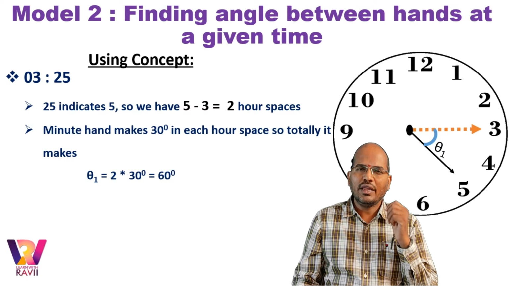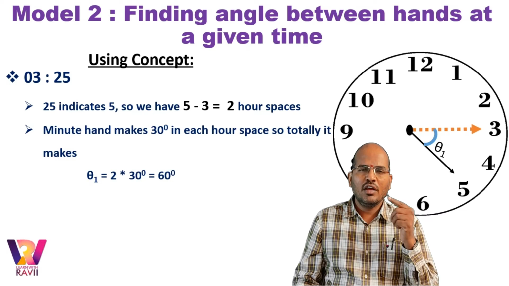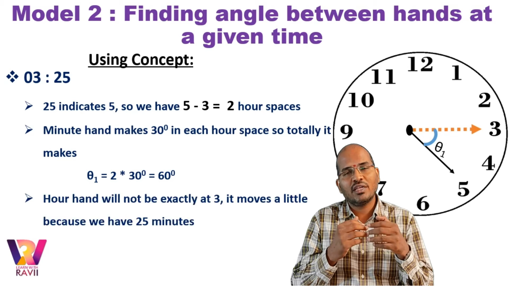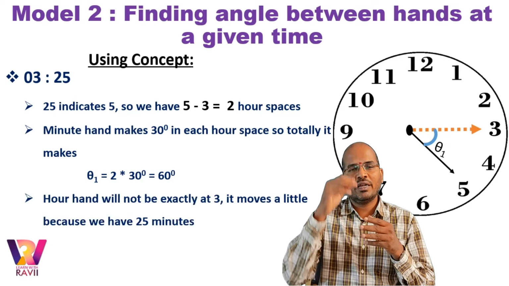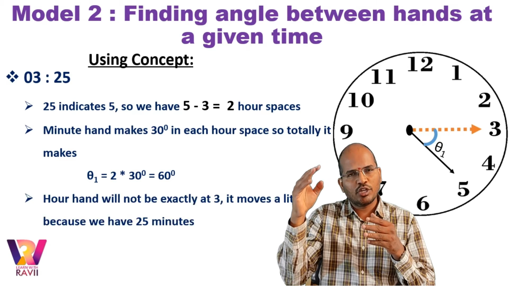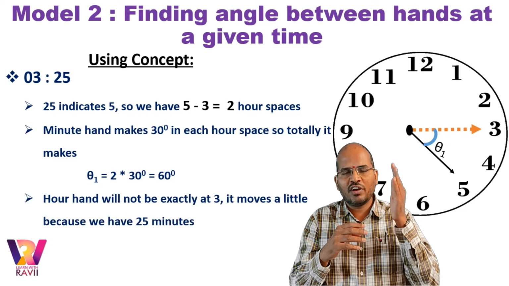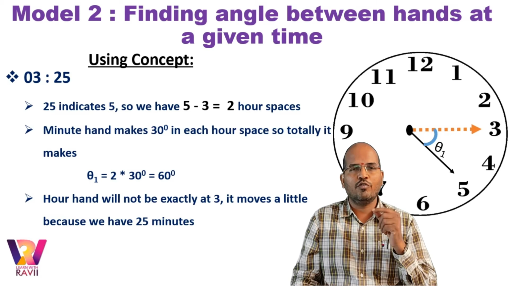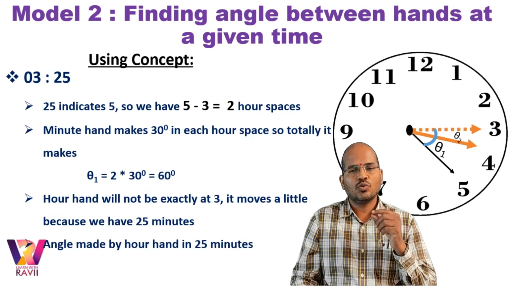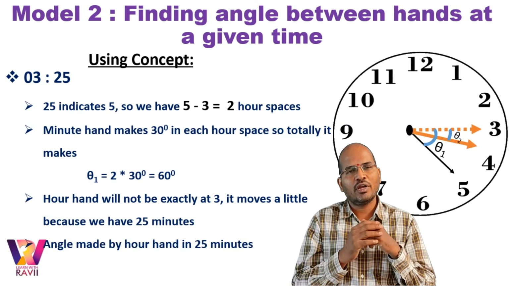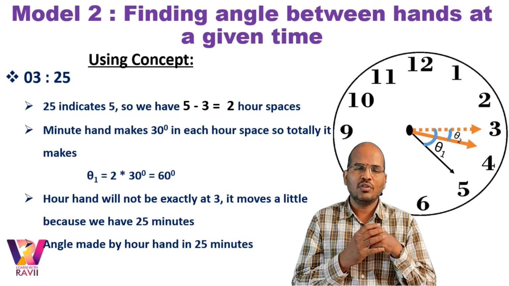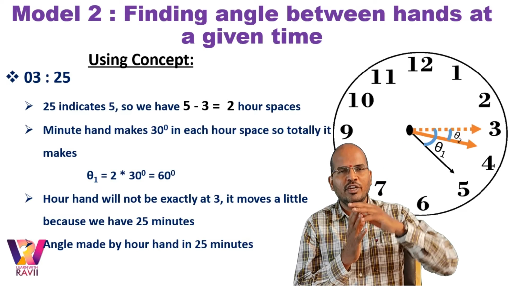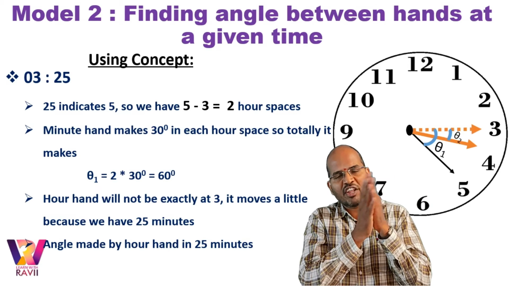But in reality, is the hours hand exactly at 3? No, the hours hand is not exactly at 3 because the minute hand is moving from 1, 2, 3, 4, 5. So definitely the hour hand will move a little and will be in between 3 and 4. Right? So that angle I want to calculate, and that is called theta 2. As the minute hand came from 12 to 5, it means that we have come through 25 minutes.